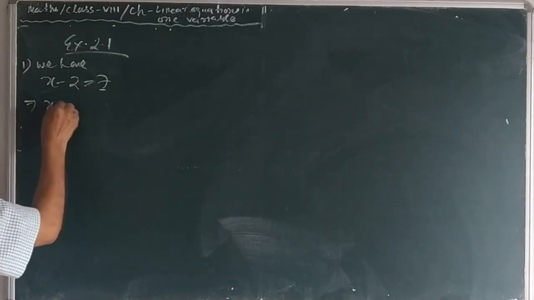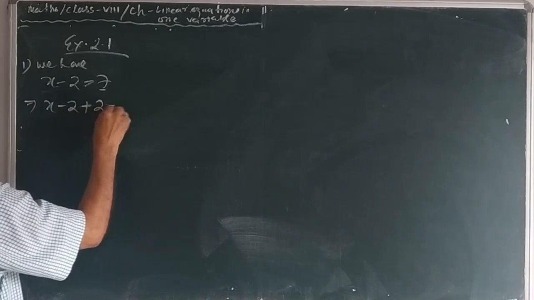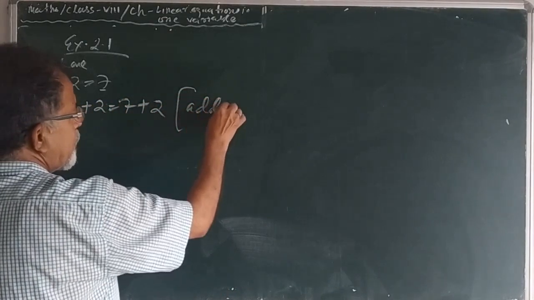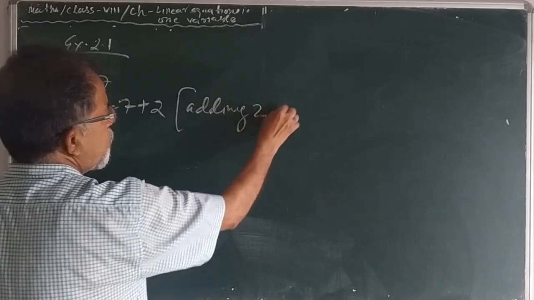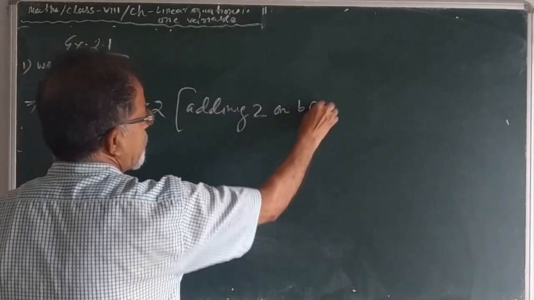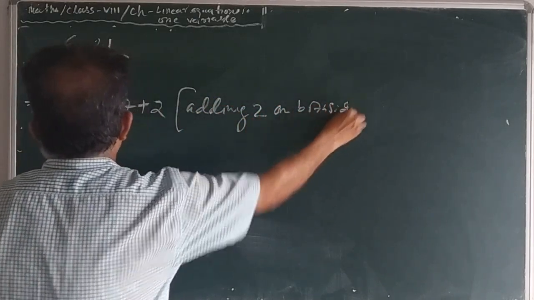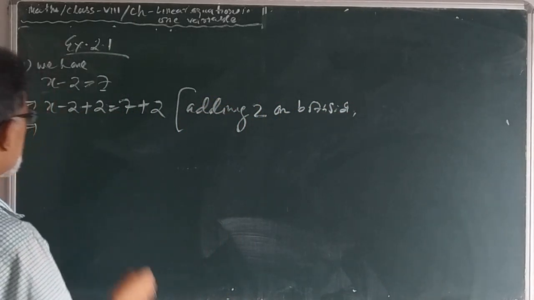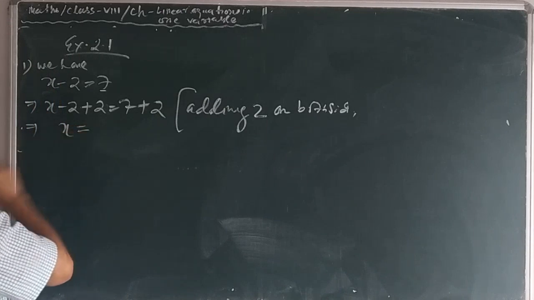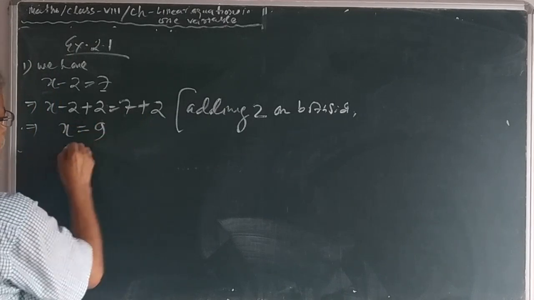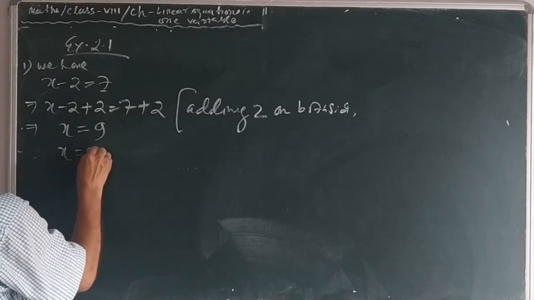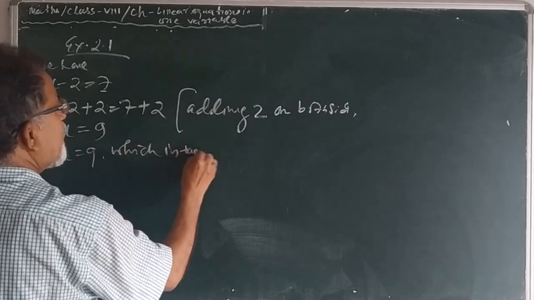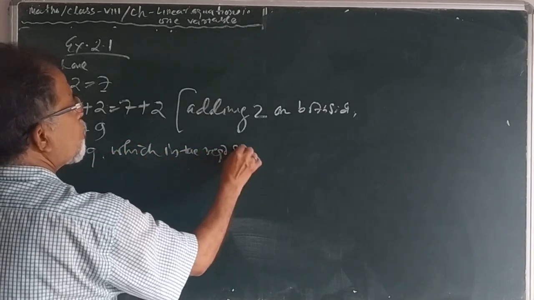It implies that x minus 2 plus 2 equal to 7 plus 2, adding 2 on both sides. You already know minus 2 plus 2 equal to 0, and here we write x; 7 plus 2 equal to 9. Therefore x equal to 9, which is the required solution.